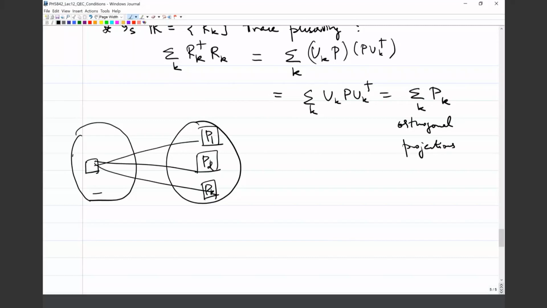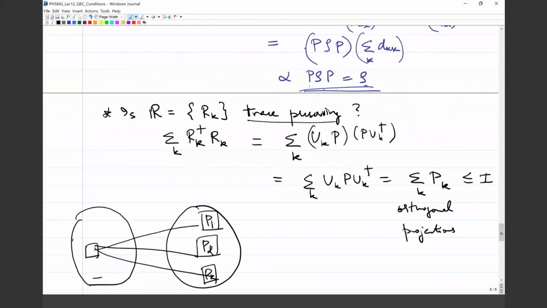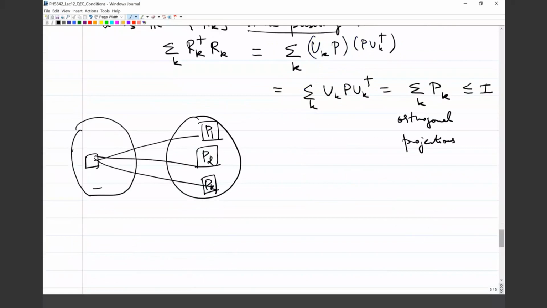So either it's a complete covering of that space, or it's an incomplete covering, which means it's identity minus something. So whatever it is, this has to be less than identity on its range, right? So what we have shown actually is that this map is trace non-increasing. In the case of some codes like the 3-qubit code, it's a perfect partitioning of the 3-qubit space.